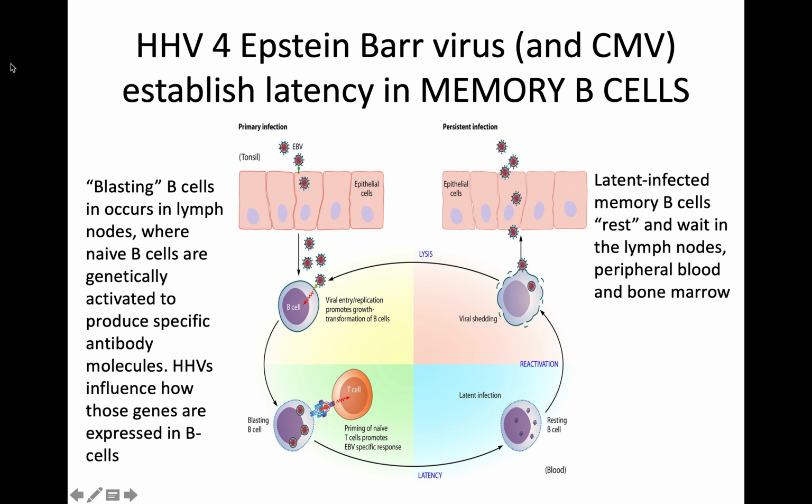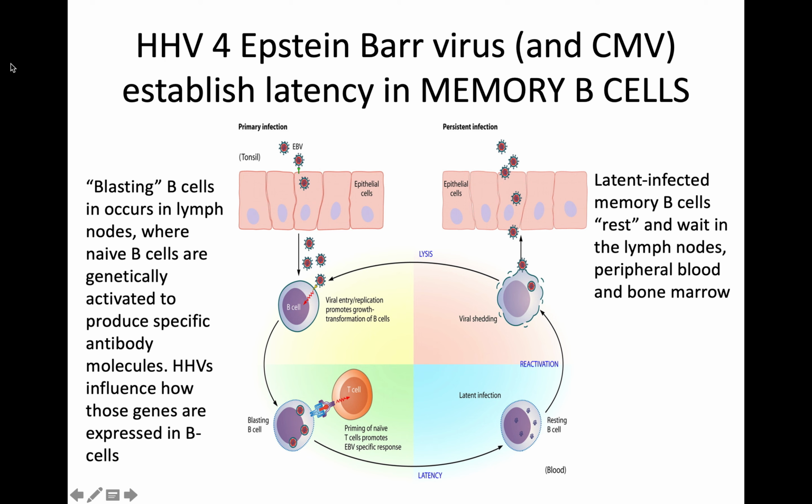Another virus, human herpes virus 4, is also known as the Epstein-Barr virus. Initially, when it establishes infection, it will establish its infection in the B cells, a type of lymph cells.